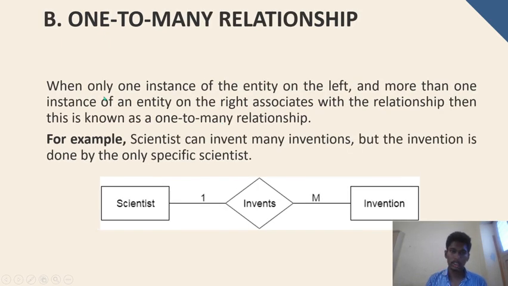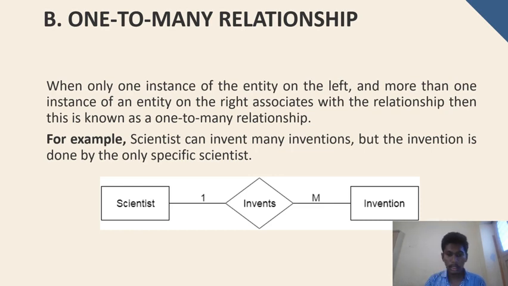One to many relationship: when one instance of the entity on the left has more than one instance of an entity on the right associated through the relationship, it is known as a one to many relationship. As we can see in this example, a scientist can have many inventions, and all the inventions are listed under the same scientist.